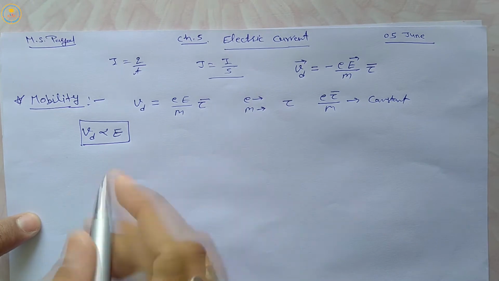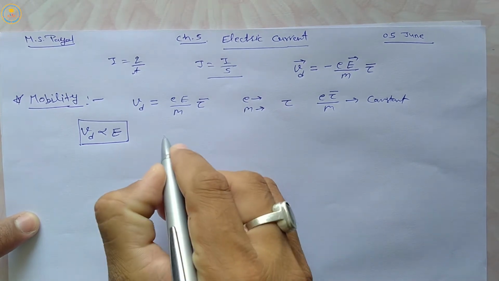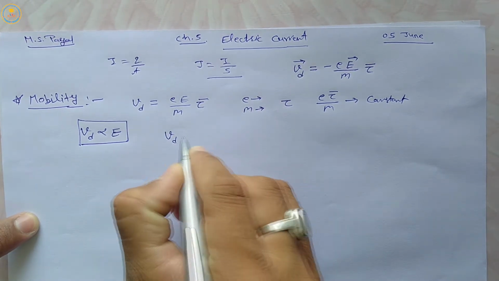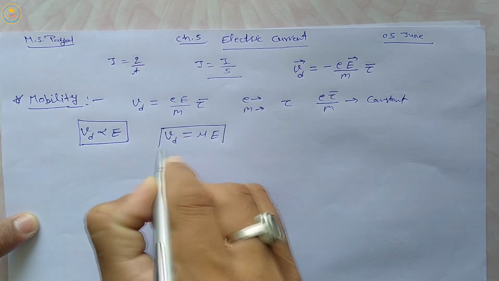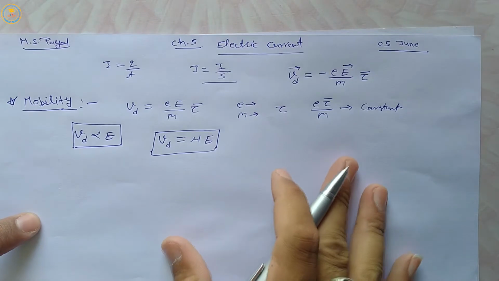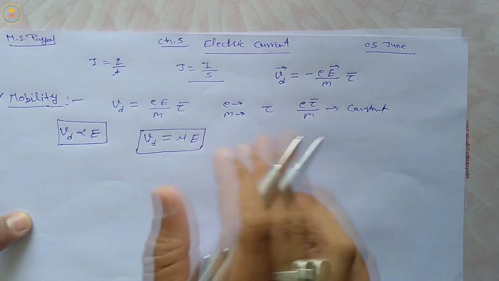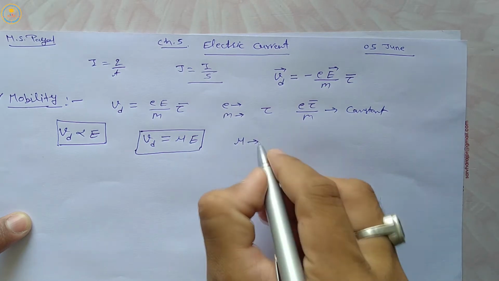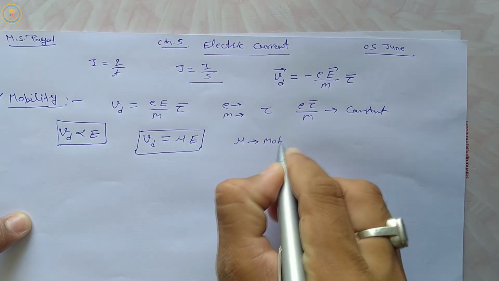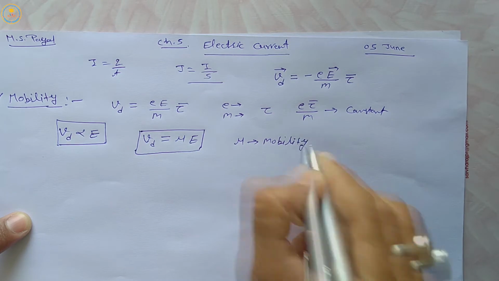Here we remove the proportional sign, then we write Vd is equal to mu E. Here mu is the proportionality constant, and this is called mobility. So we can say mu is the mobility of a charge.